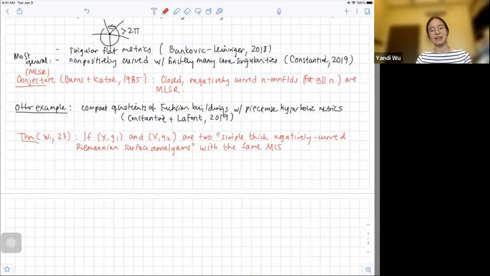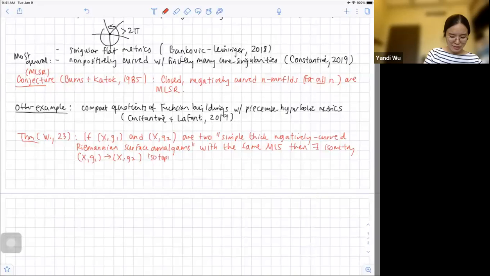In my original definition of Marked length spectrum rigidity, I required the fundamental groups to be the same, but now the two spaces are the same, so I don't need that assumption. If they have the same length spectrum, then there exists an isometry from X_G1 to X_G2 that is isotopic to the identity.